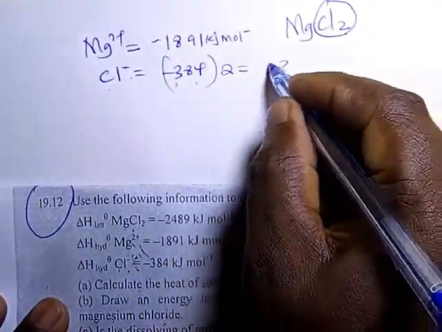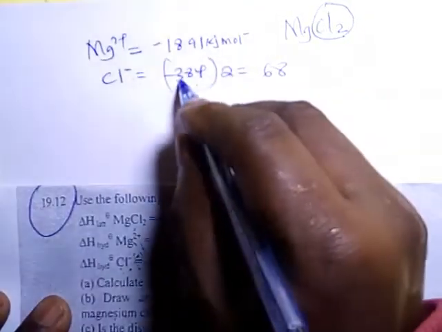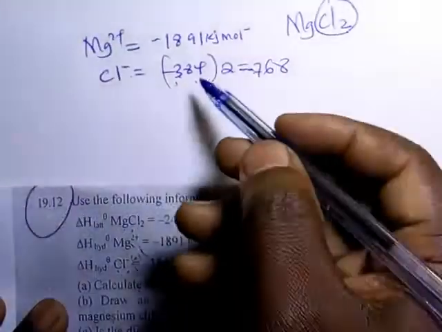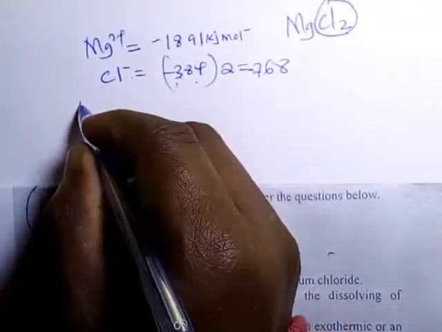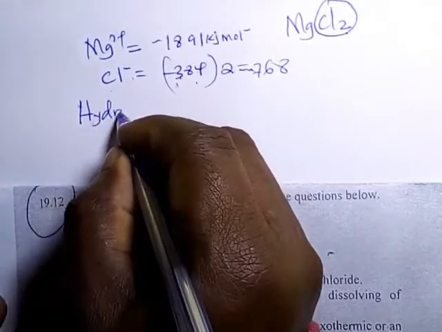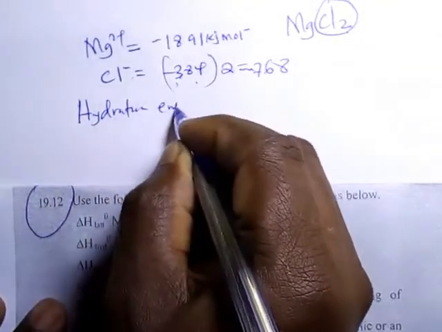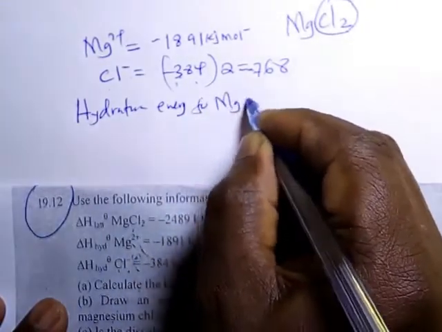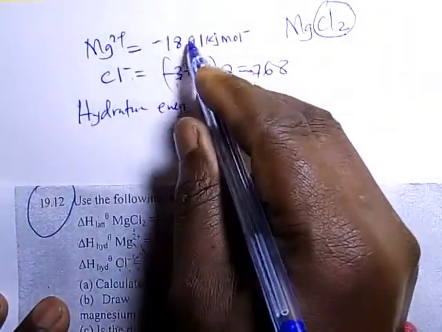This one will be 8, 16, 7, -768. So for us to get the total hydration energy for magnesium chloride, we add this and this.